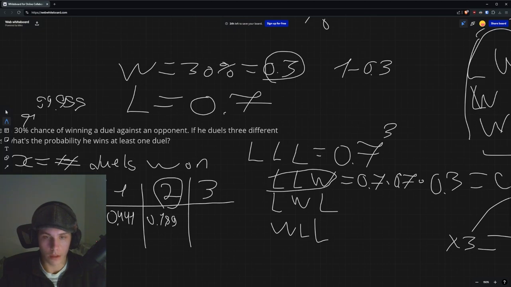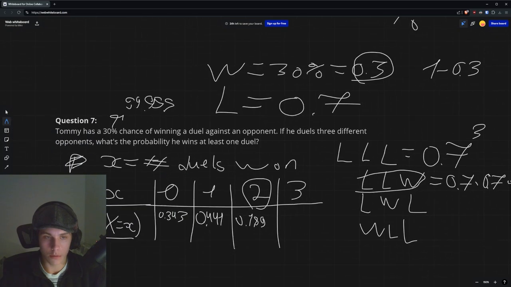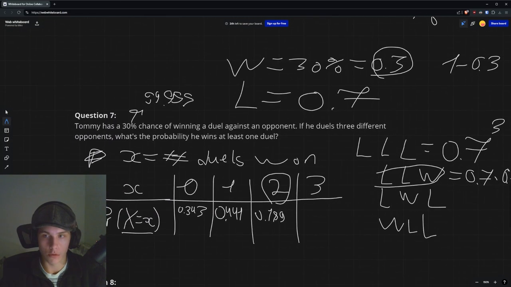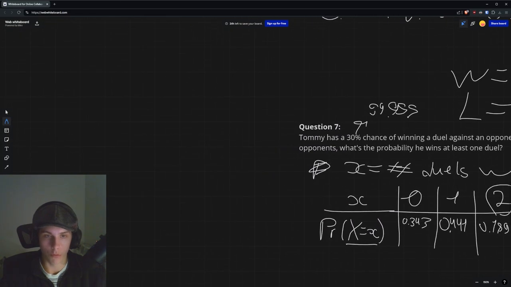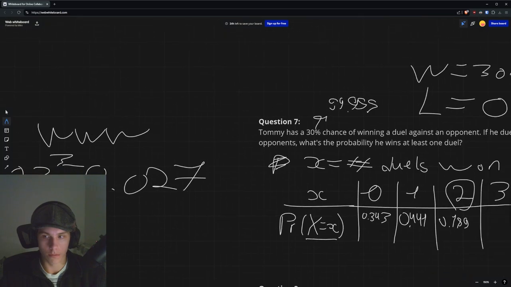And the chance that he wins 3 times is calculated the same as losing 3 times. You can only win 3 times in one possible scenario: win, win, win, which equals 0.3 times 0.3 times 0.3, 0.3 cubed. That is 0.027.